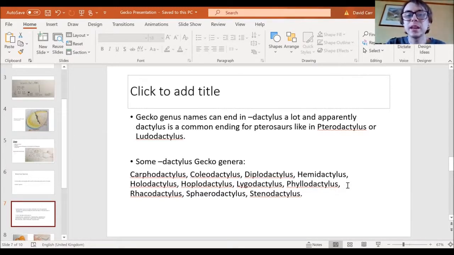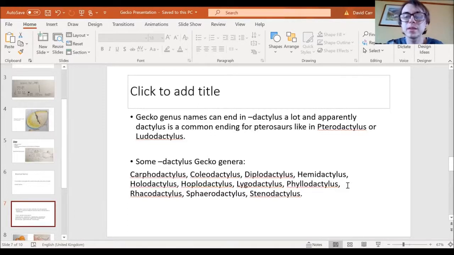That can be like Rhacodactylus leachianus, which is the New Caledonian giant gecko, the Lychee, which you may have heard of. Oh, and Lygodactylus. You may be familiar with Lygodactylus williamsi, which can be blue.